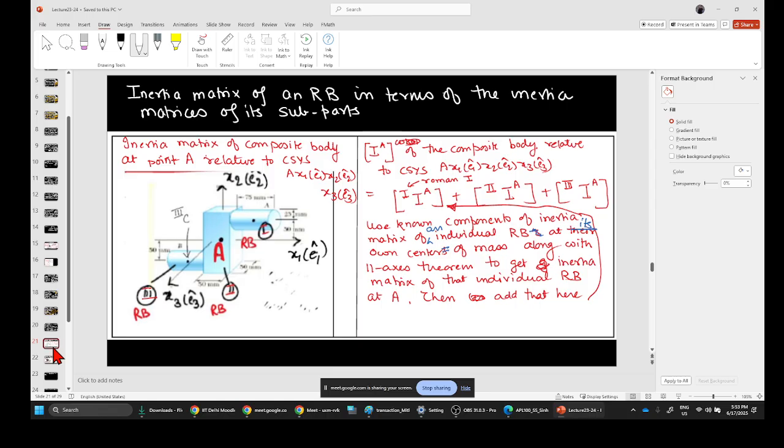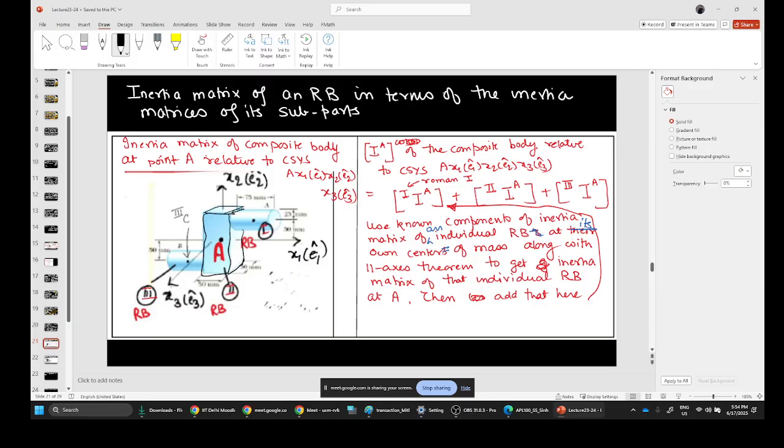You have a composite RB, which I am showing here in this faded blue color. So the composite RB is comprised of what? It is comprised of a cuboid, which I am trying to outline now. It's a cuboid. I am calling that RB2.